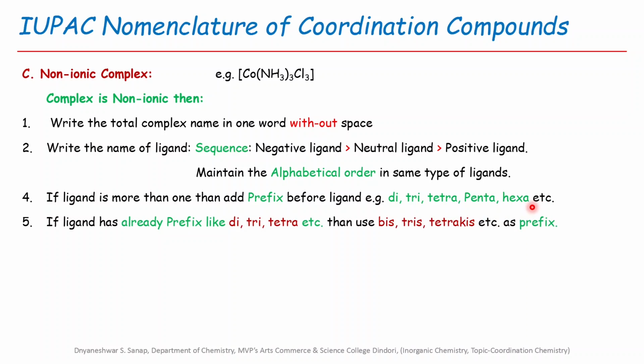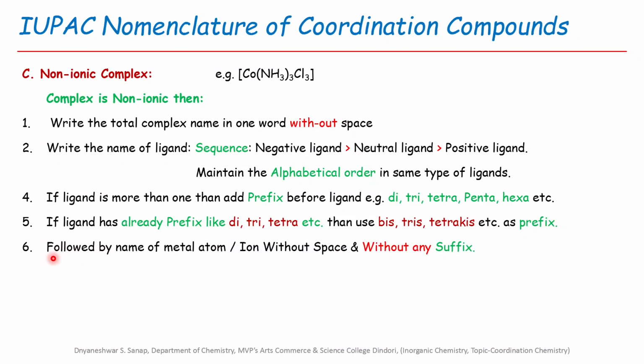But when the ligand already has a prefix like di, tri, tetra, then we have to write the prefix like bis, tris, tetrakis for such type of ligand. But after writing these prefixes, we have to write the name of ligand in brackets always. The sixth important point is that it is followed by the name of metal atom or ion without space and without any suffix.